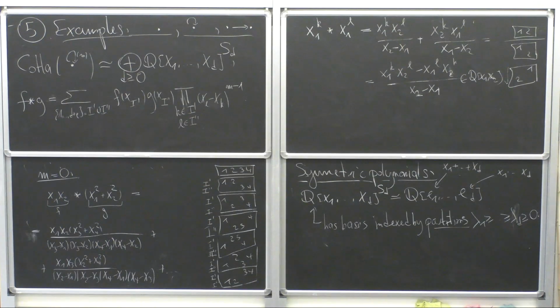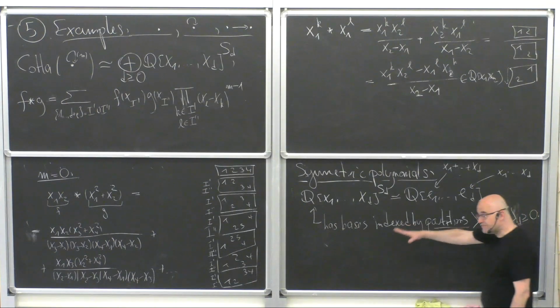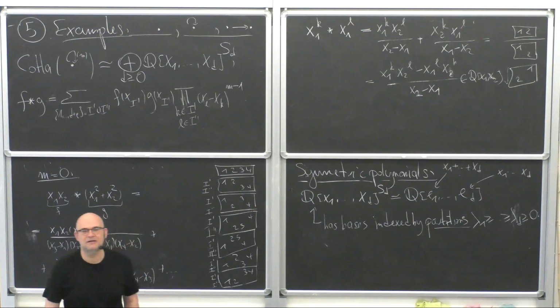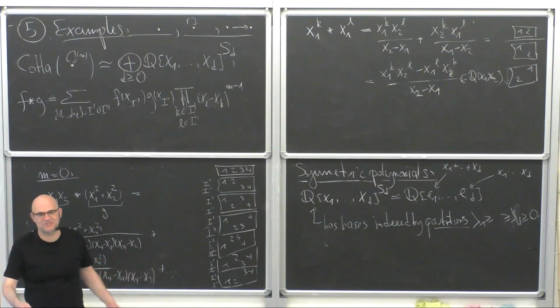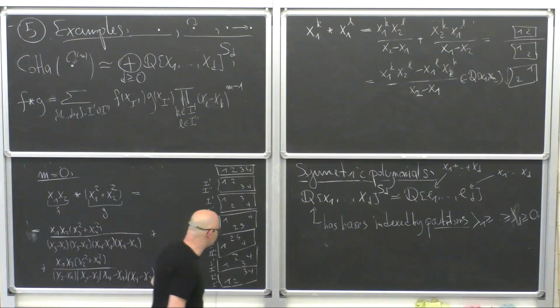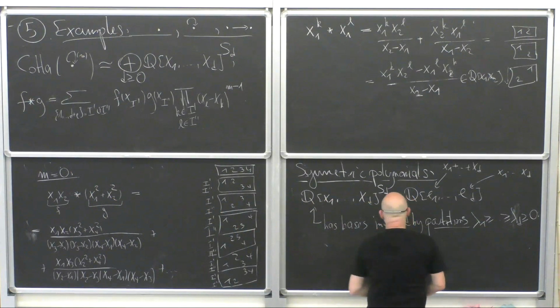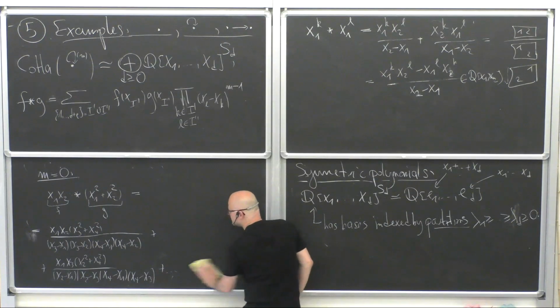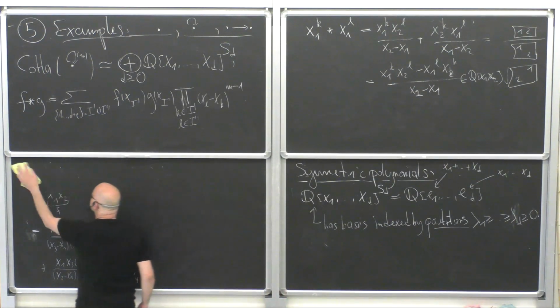And there are several such bases. There are like 10 of them, which are extremely important. We just need 2 of them. The shuffle formula I need, so I can erase this example. The first basis is the so-called monomial symmetric functions, and the second basis is Schur functions.